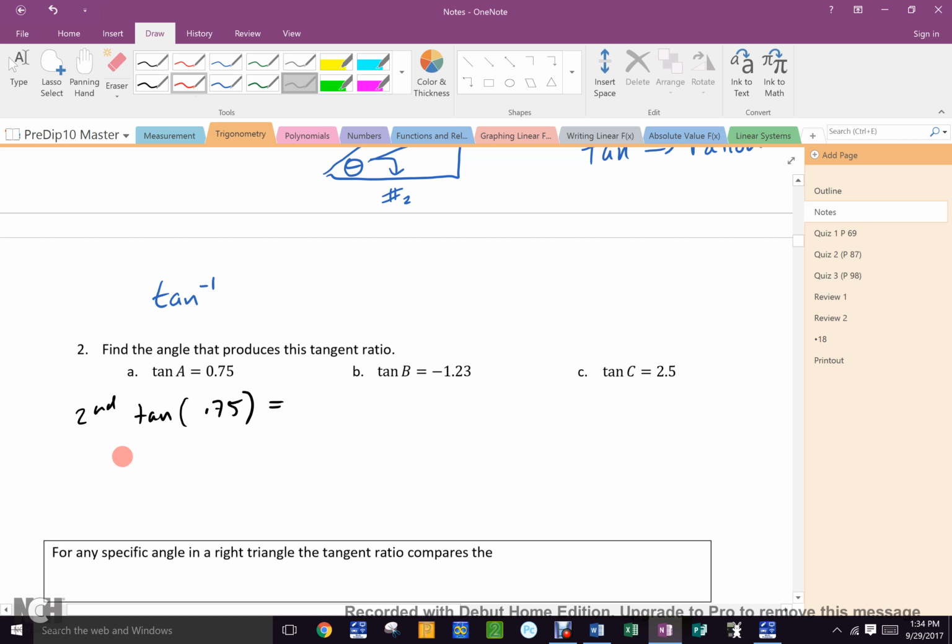If you have a backwards calculator, you are going to reverse. You are going to push 0.75 second tan. And once again, you will not push equals. And you will get an answer of what? 36.87. Excellent. Angles are measured in minutes and seconds, like time. They are not measured in decimals. So for our purposes, we will round our degrees off to the nearest whole degree.